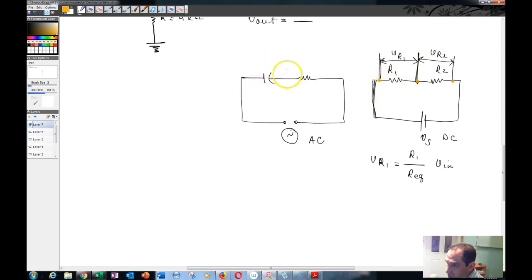But that kind of thing usually we don't do in AC circuits, because AC circuits are mainly probed by oscilloscopes. In an AC circuit, everything is basically referenced to ground.